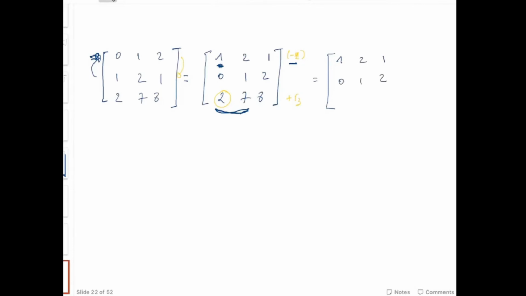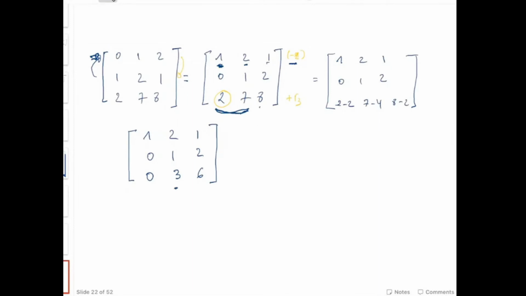But the last row, because we multiply the first row by -2 and add it to the last row, we will have 2 minus 2, and then 2 times -2 plus 7, which is 7 minus 4, and then 1 times -2 plus 8, which is 8 minus 2. That gives us a new matrix: 1, 2, 1, 0, 1, 2, 0, 3, and 6.